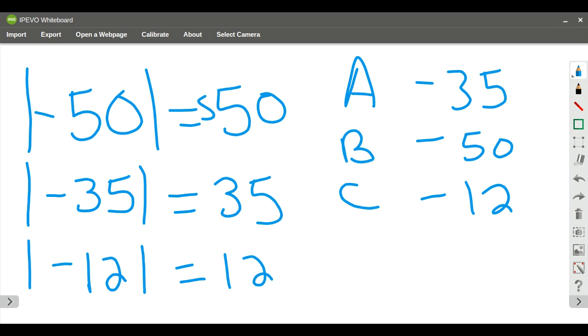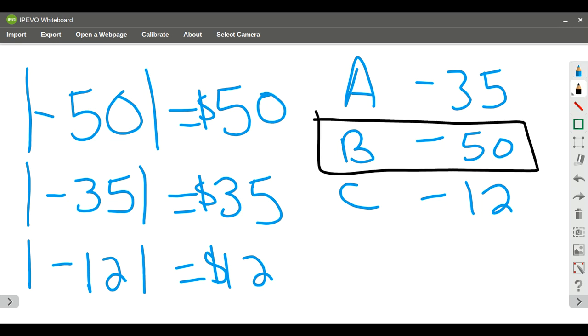So again, if I put this in the perspective of money, the account that's going to have the greatest amount of debt is going to be account B with the negative 50, because it's the smallest number, but because that distance from zero is the greatest amount, it's going to have a higher debt than account A or account C. Okay, so let's go ahead and move into your guided practice.